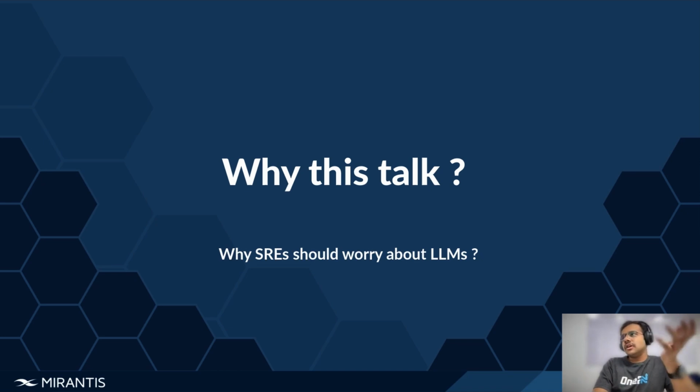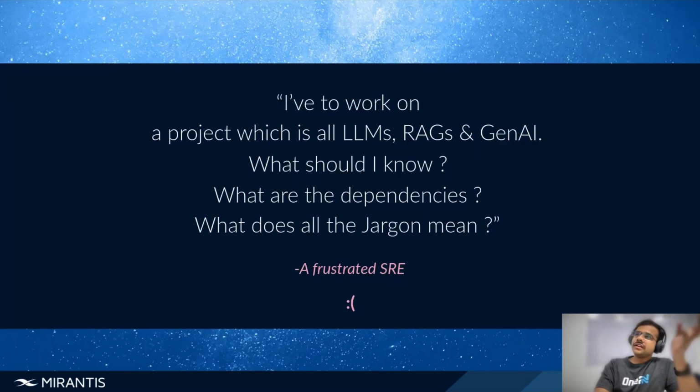So, why this talk? Why should we as SREs even worry about LLMs? Imagine that you are an SRE and you have been thrown into a project and you're navigating these uncharted waters of LLMs, RAGs, GenAI.